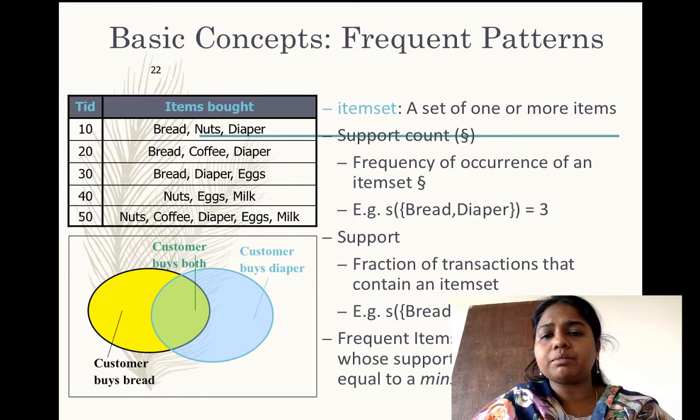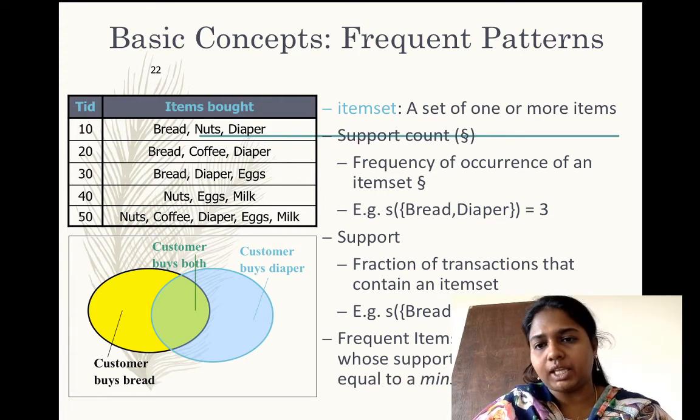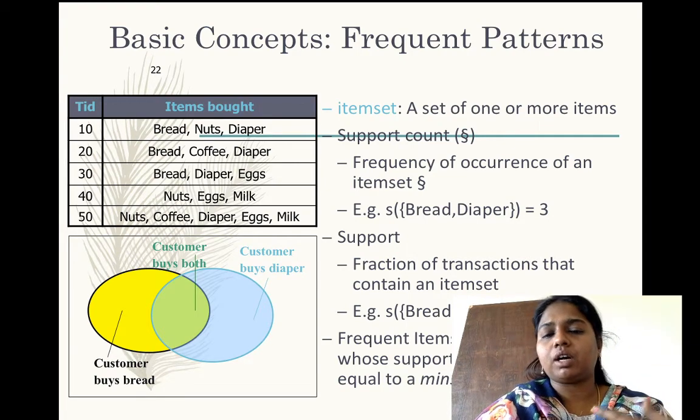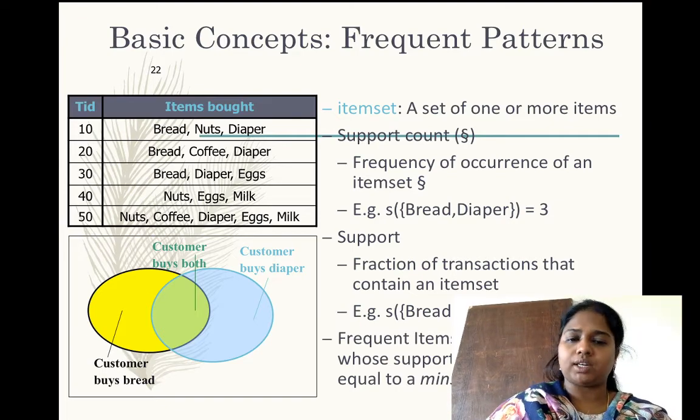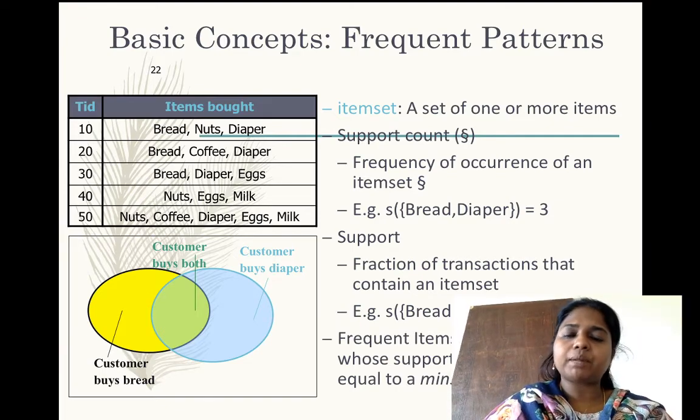For this item set, bread and diaper, I can define 0.5 or 1/2 as minimum support threshold. Only if at least half of the transactions have both these products bought together, then I would say they are frequent. In the car example, it cannot be so. In that domain, of the cars being purchased, I can't say that half of them are of one kind. So do you get my point?